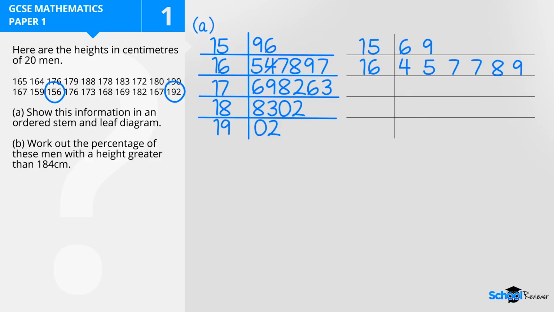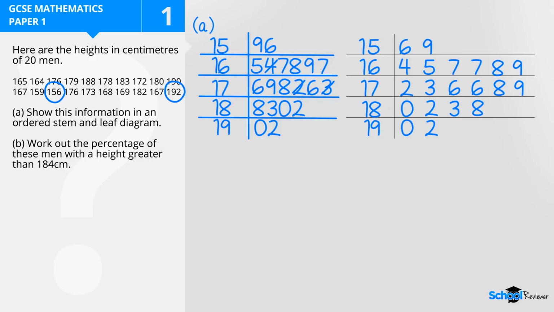I'm going to do the 17, I've got 2, 3, then I've got 6, 6, 8 and 9. The 18 is going to be 0, 2, 3, 8 and 19 is going to be 0 and 2.